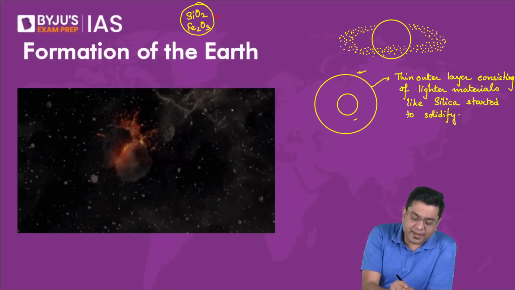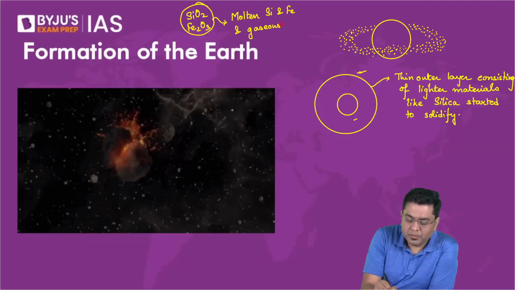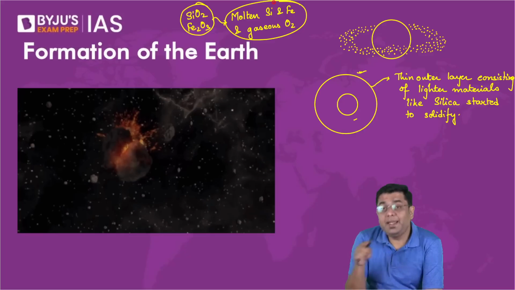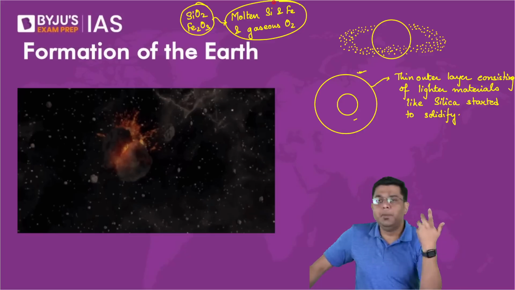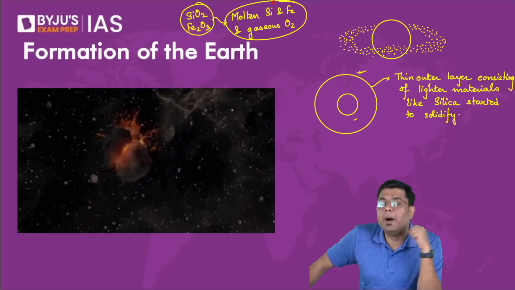So when I heat this up, what do I get? Molten silicon and iron and gaseous oxygen, isn't it? So in the interior, you had so many different elements that various different gases were also bubbling amongst the molten portion.